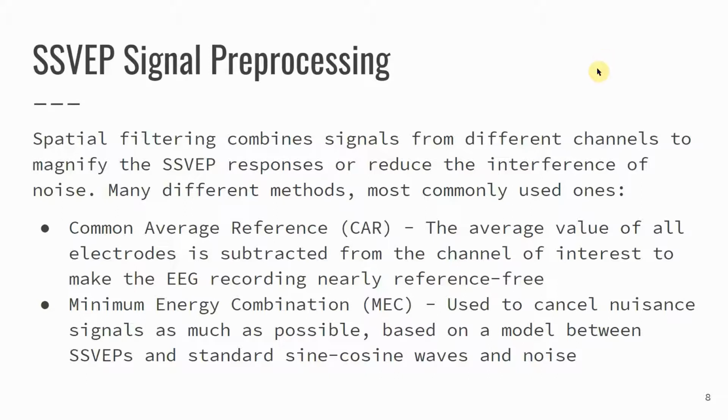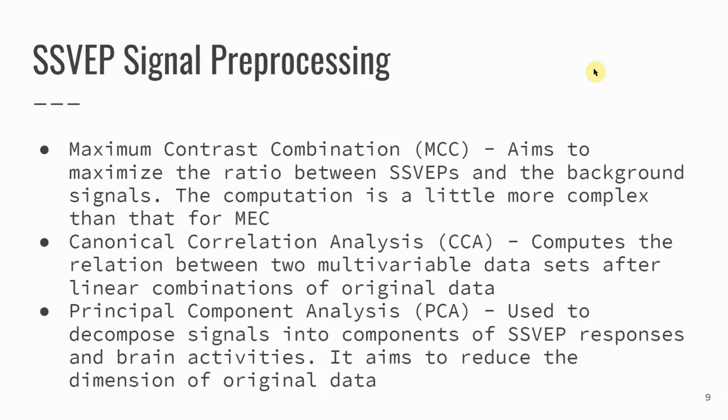The next one is minimum energy combination, which is used to cancel the noise signals as much as possible based on a sine cosine wave model. Next is maximum contrast combination, which aims to maximize the ratio between SSVEPs and the background signals. The computation is a bit more complex than that for MEC.